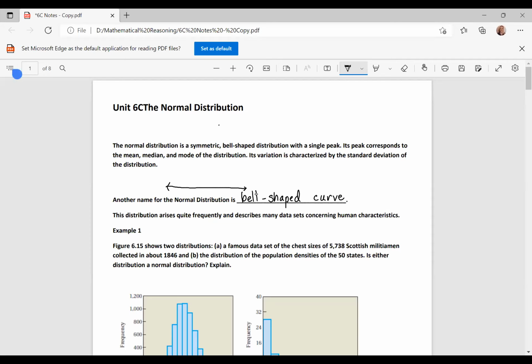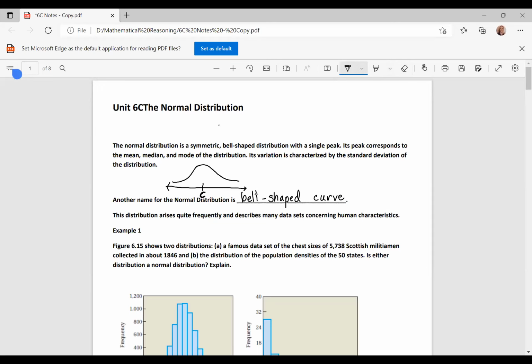Because what they were saying is, well, here's our normal distribution, this is our bell-shaped curve. So what the teacher was saying was that a lot of people should be making a C in their class.